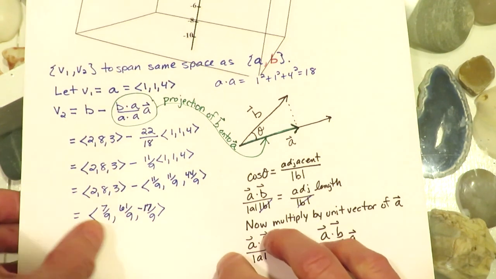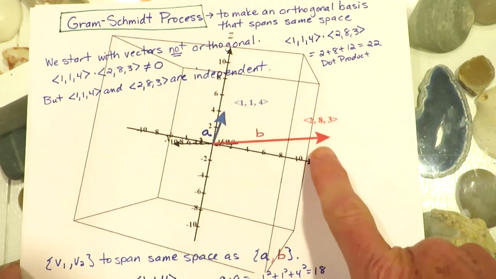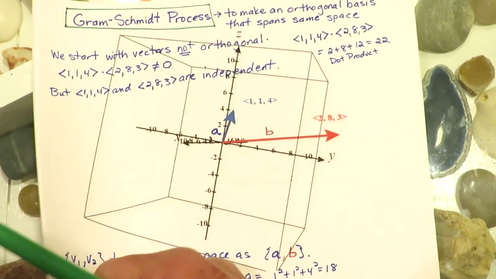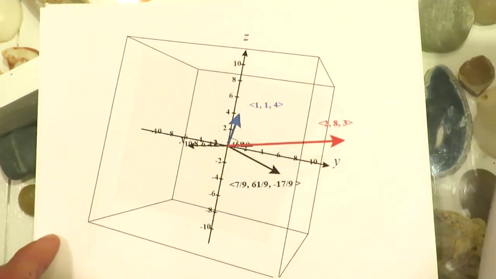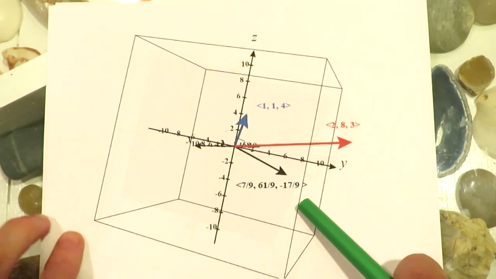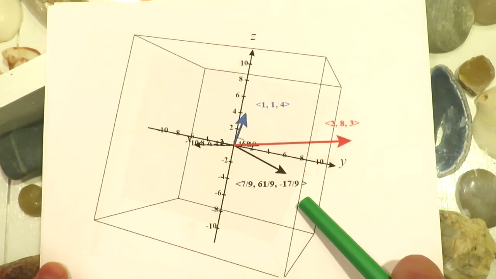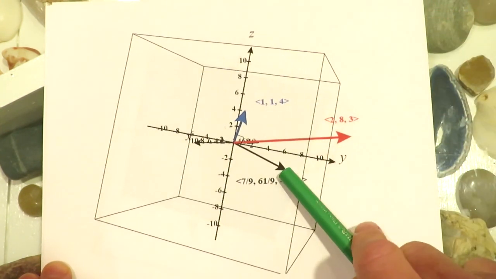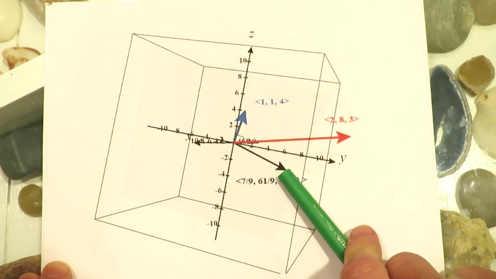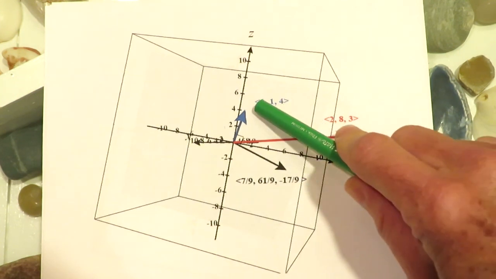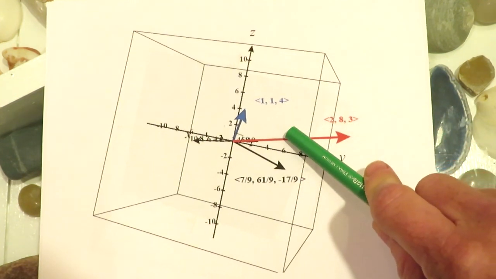So again, here were my two original vectors, (1, 1, 4) and (2, 8, 3), and I have found this new vector (7/9, 61/9, -17/9). You can see here that A and this new vector are perpendicular to each other. They are forming a 90-degree angle, and A and B did not form a 90-degree angle.